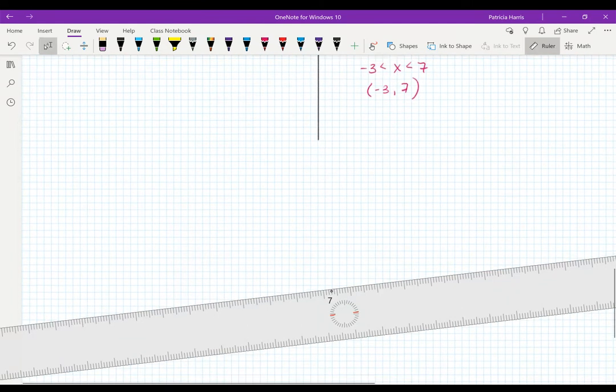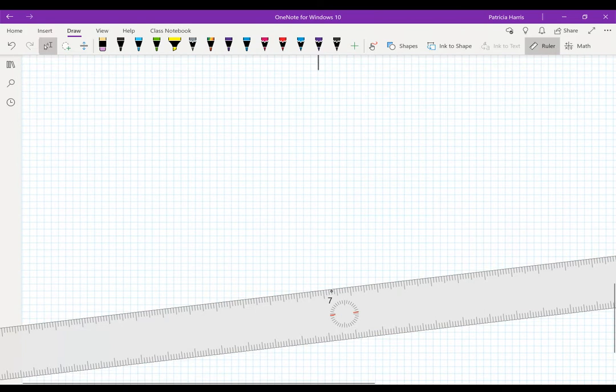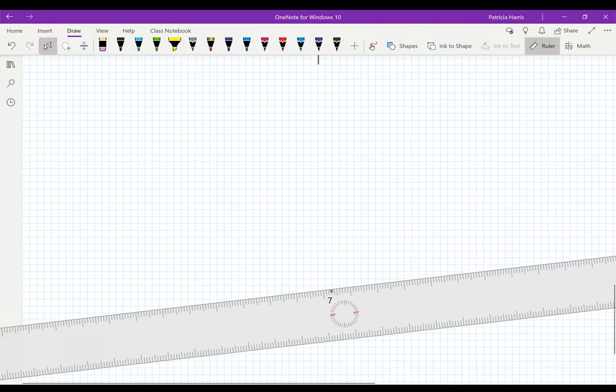Now notice that I had the absolute value on the left and then the numerics on the right. So I want to keep that. Okay, so let's do something a little bit more complicated.